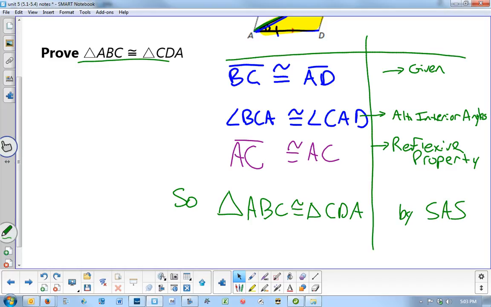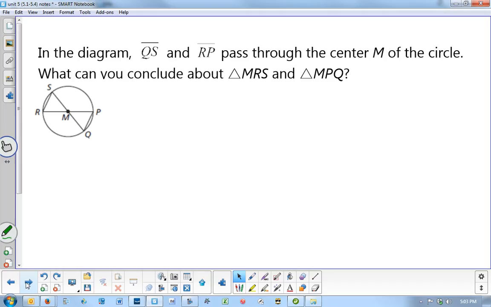There you go. All right? So we've got our statements, we've got our reasons, we've got to have these three things, two sides, an angle, and a side, and then we can say the triangles are congruent. That's how we use this thing, okay? Here we've got another one. Let's flip to the next page there.